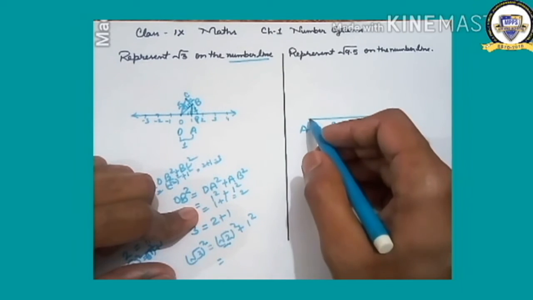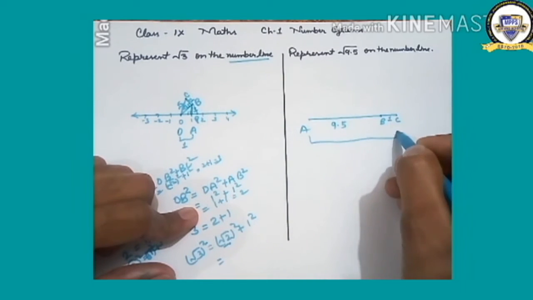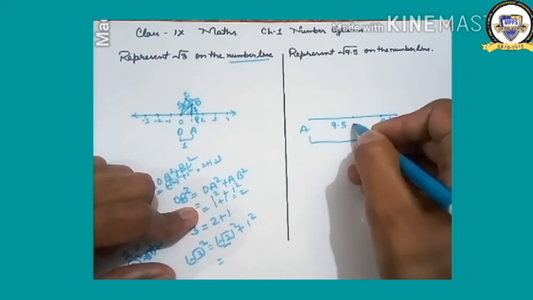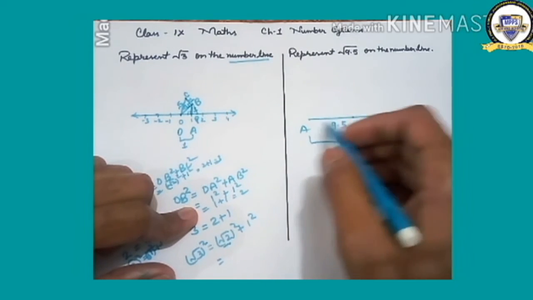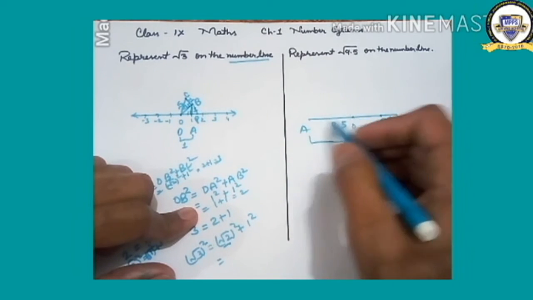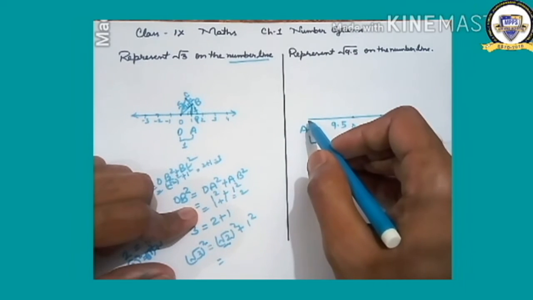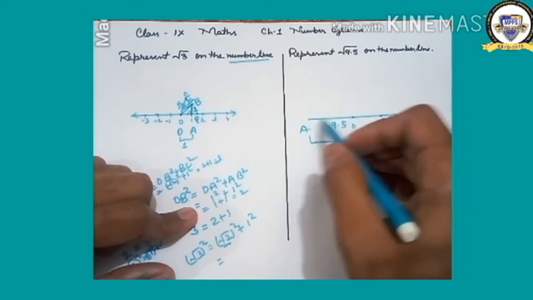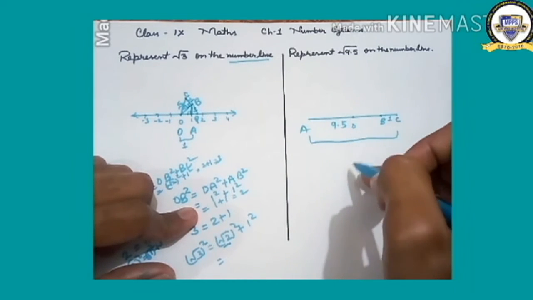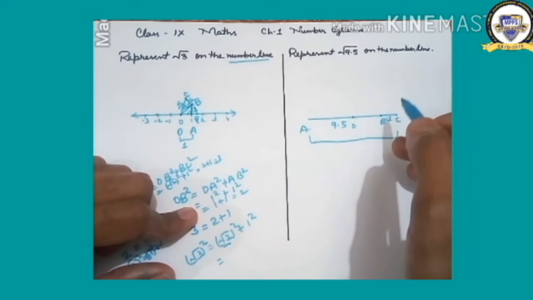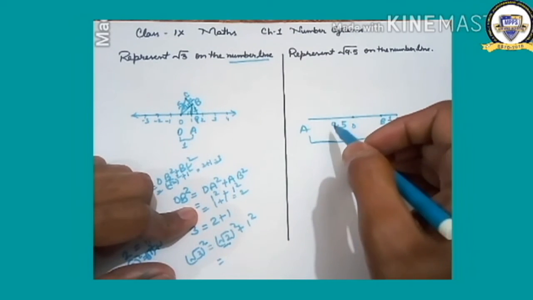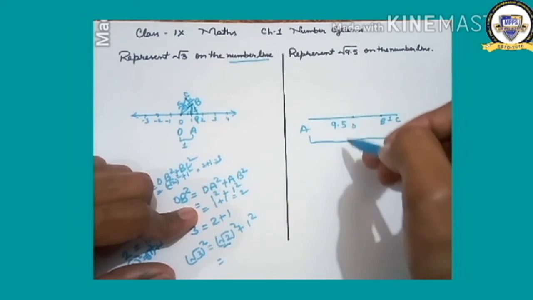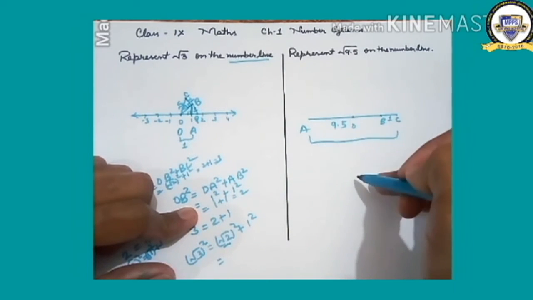Then find out the midpoint of AC. Suppose O is the midpoint. How will you find the midpoint? Just take A as center and a radius more than half of AC. Draw the arc on both sides. In the similar way, take C as center and a radius more than half of AC. Draw the arcs which cut each other at some points.